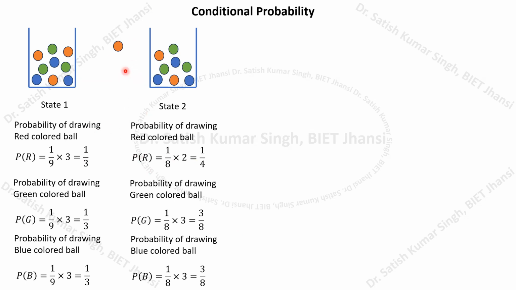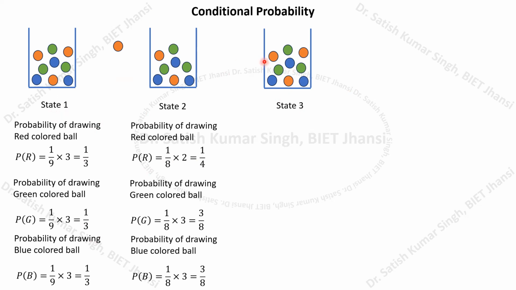So this way we have the probabilities in state 2 when the first ball drawn was red. Now again, if in the first case the ball drawn was red, and we replace this ball inside the container, then again we get the same system. This state 3 is nothing but the same system state as state 1.